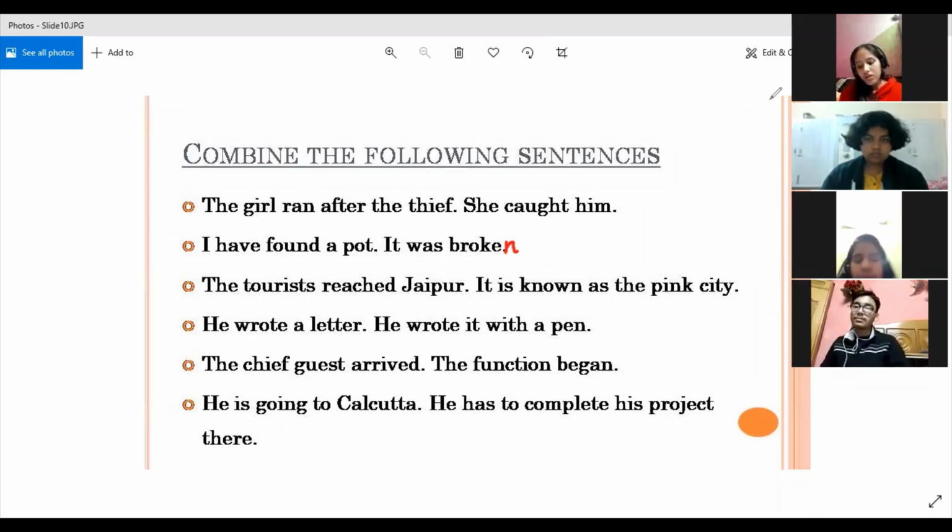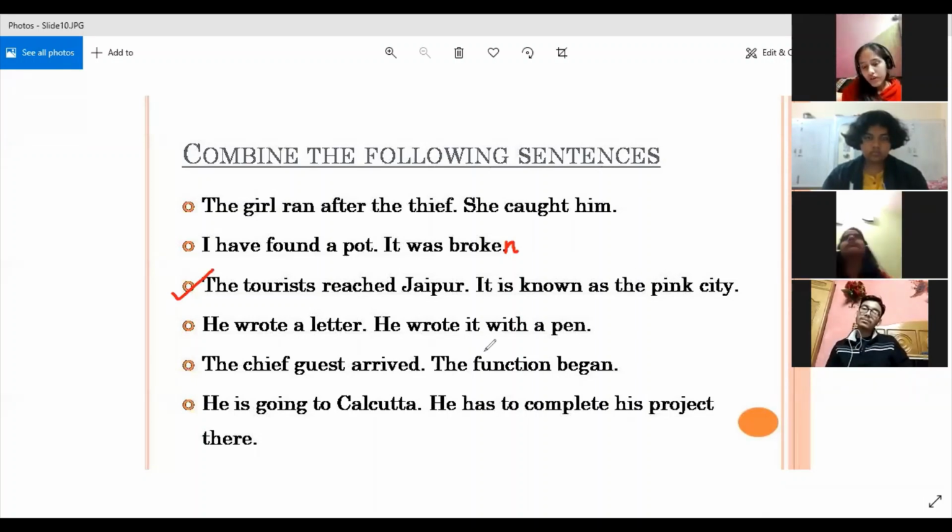Okay, so there can be more ways of combining a sentence. But here, since we have done only the combination of simple sentences into a simple sentence, so we will be sticking to Athar's answer. The tourists reached Jaipur, comma, the Pink City.